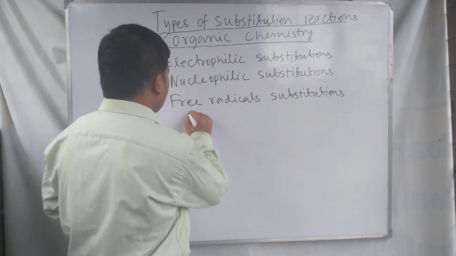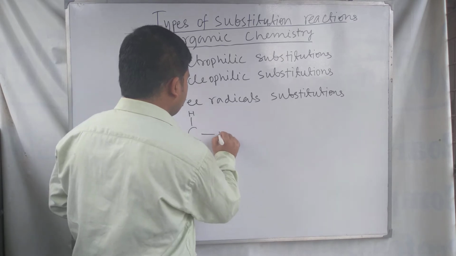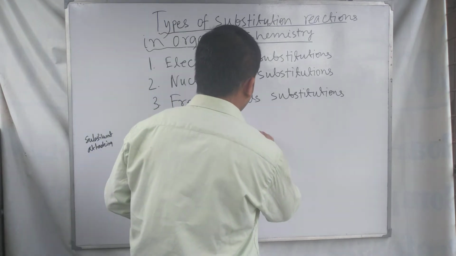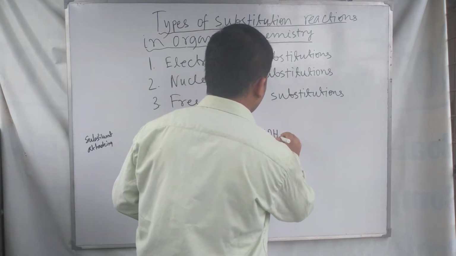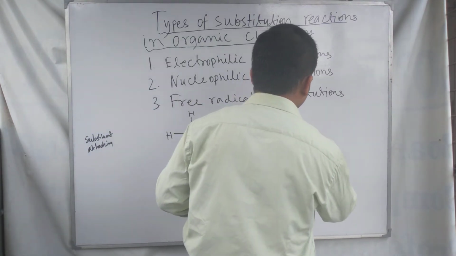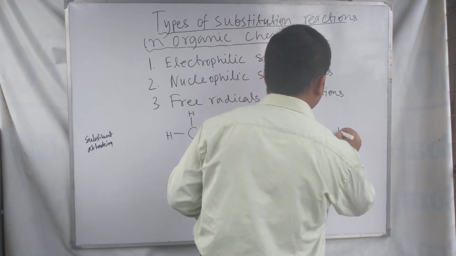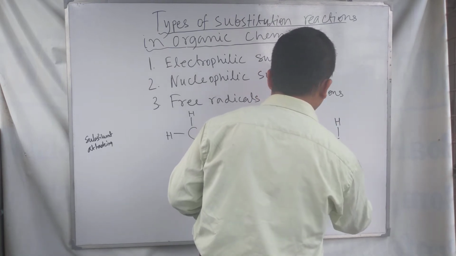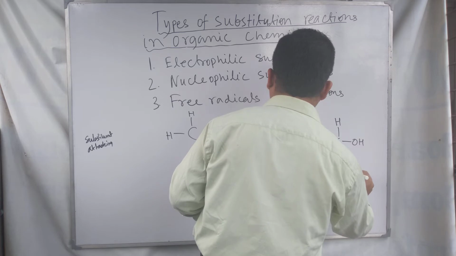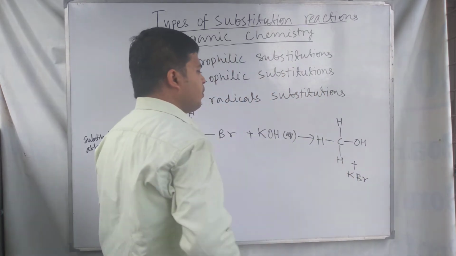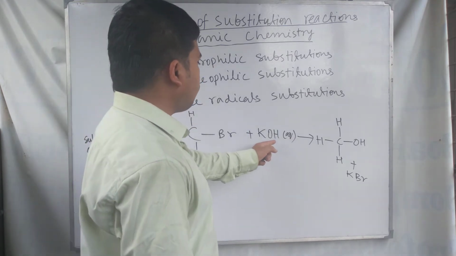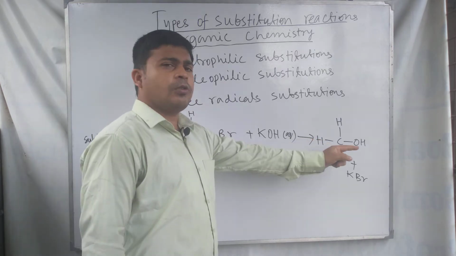Suppose the example is methyl bromide, and when it is reacted with aqueous potassium hydroxide, KOH, it forms alcohol and KBr, that is, methanol and KBr.